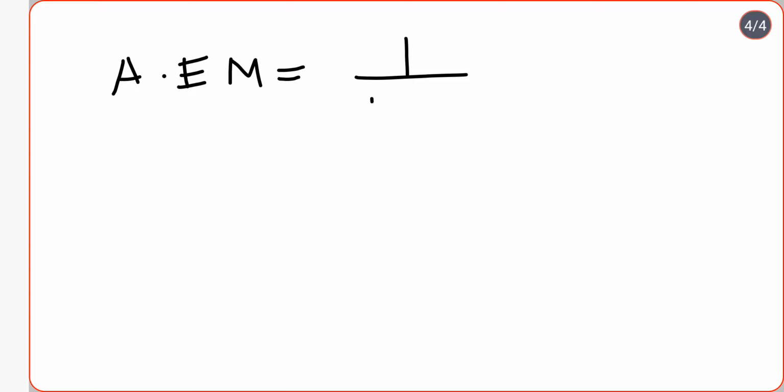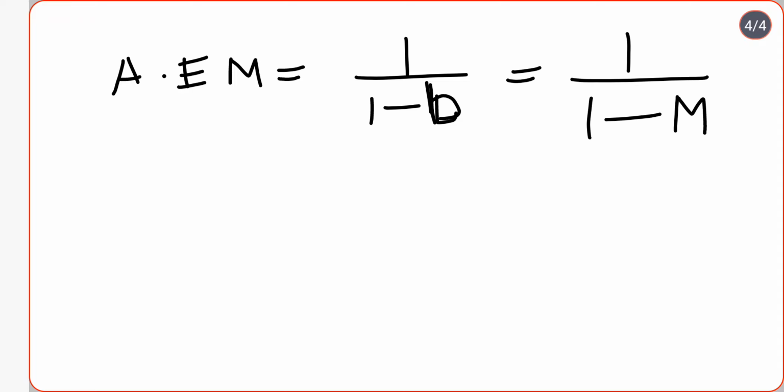So let me write the autonomous expenditure multiplier again. Autonomous expenditure multiplier is basically 1 by 1 minus B, right? Now what is the value of B? B is basically MPC, as I have told earlier, that is the slope of the consumption curve.